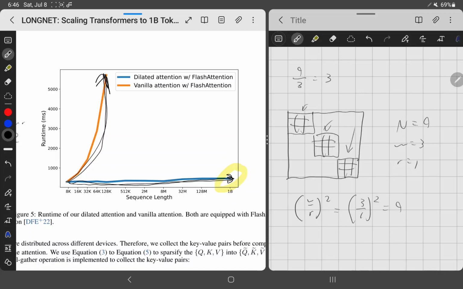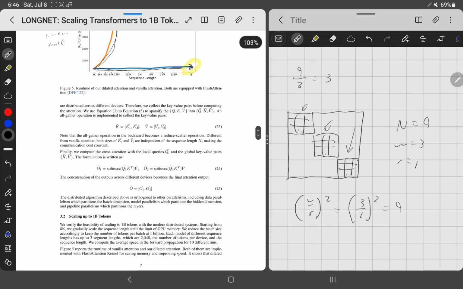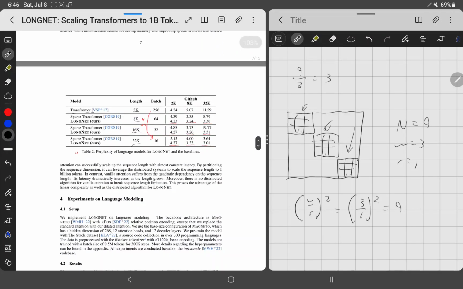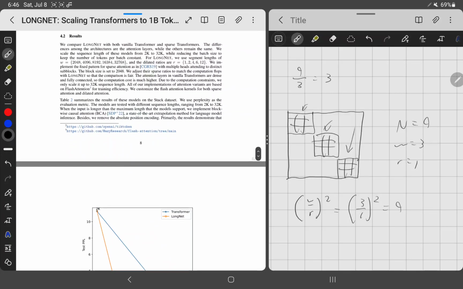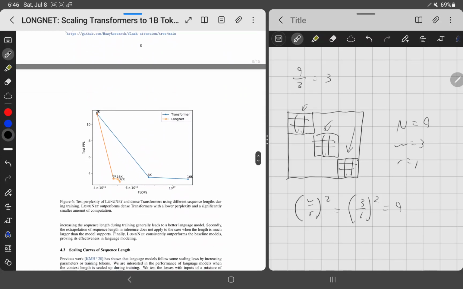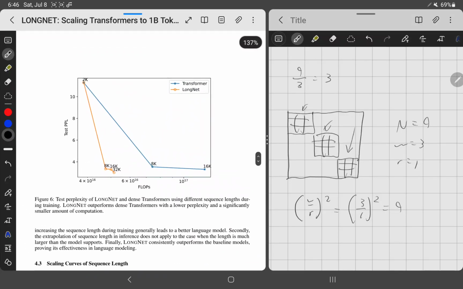But also, I wish they showed a little bit more than just a graph that shows we can go to a billion tokens, but that's what they show, and that's what we got. So we can take their word for it that they got to a billion tokens. I'm not sure if they published the weights for that, but that would be a lot of weights.